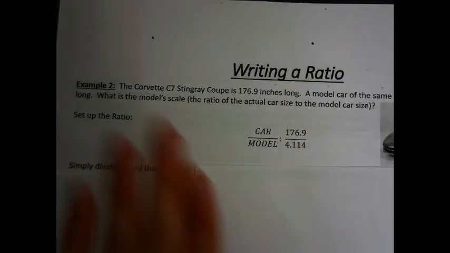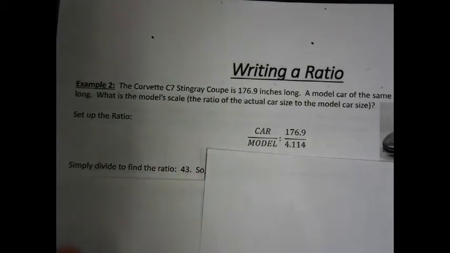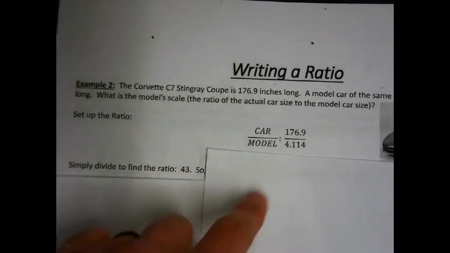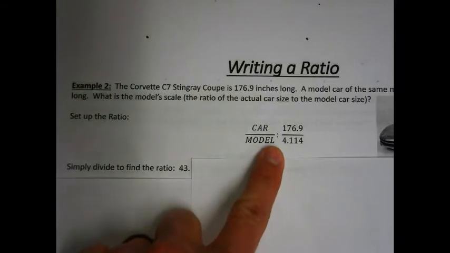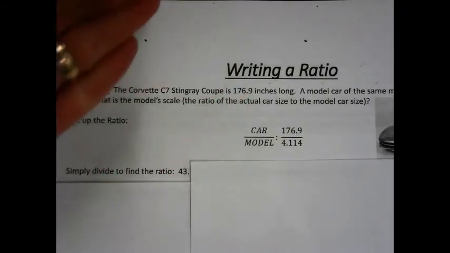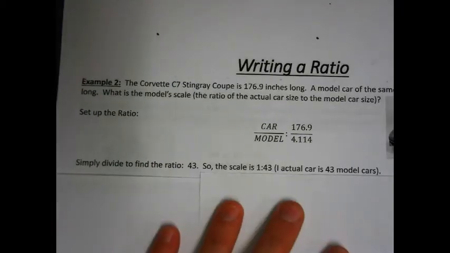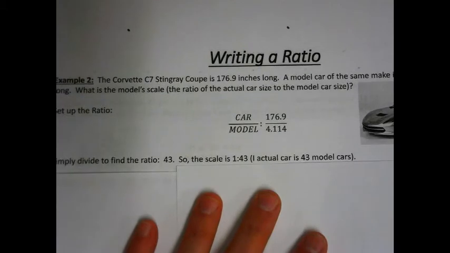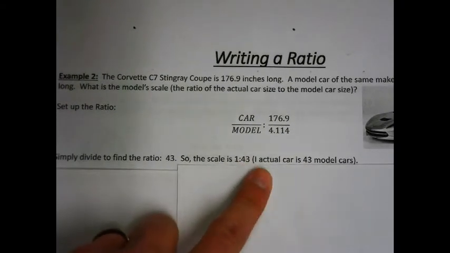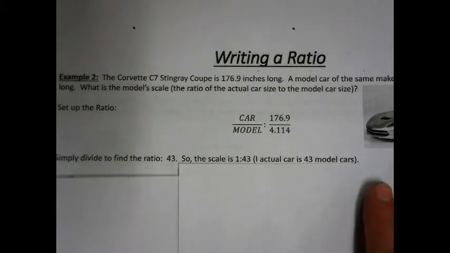It means that it takes 43 model cars to make one actual car, and the way we write that is 1 to 43. So one actual car is 43 model cars long. That's the scale. And that's how we work with that.